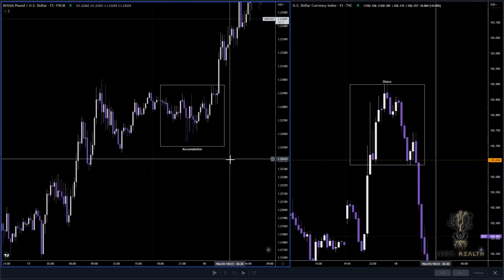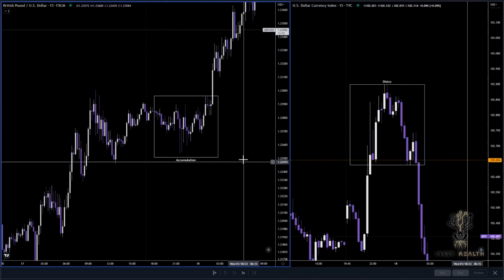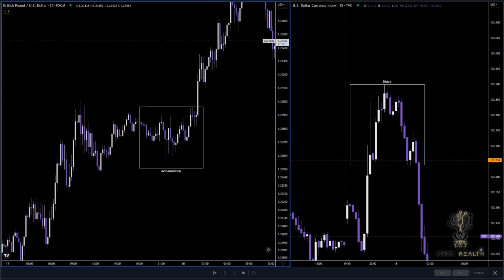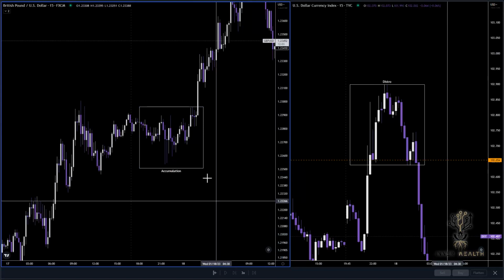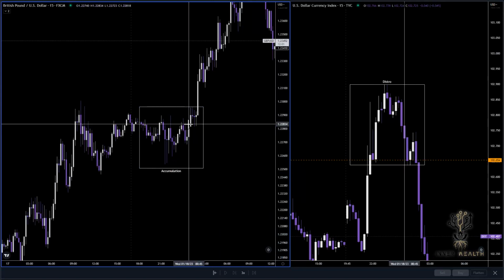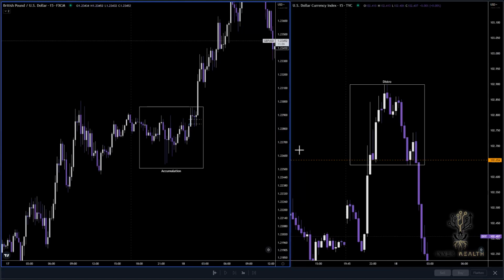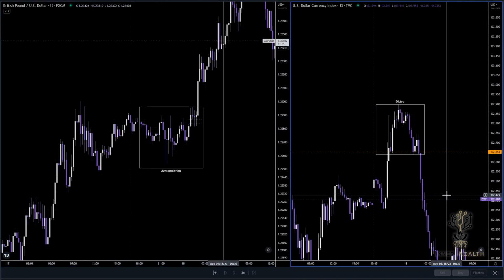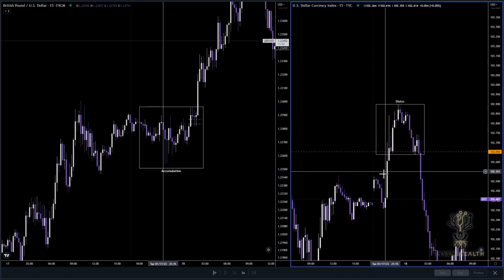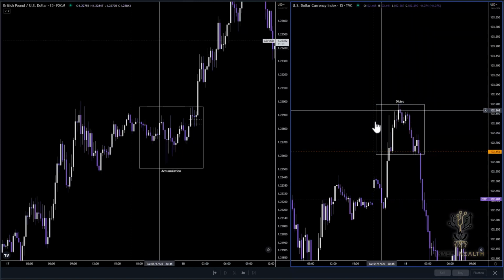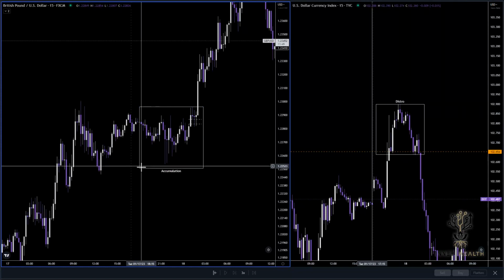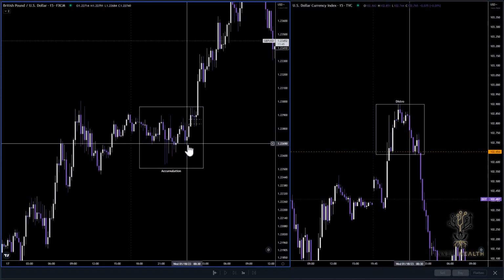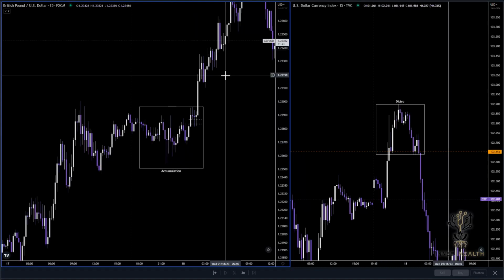Okay, so GU being a strong asset, having strength in GU, you can confirm or support more long positions every time we get to a previous area of distribution on the DXY. When we get to a previous area of distribution, GU showing accumulation confirms that we're going to go for that long, right?